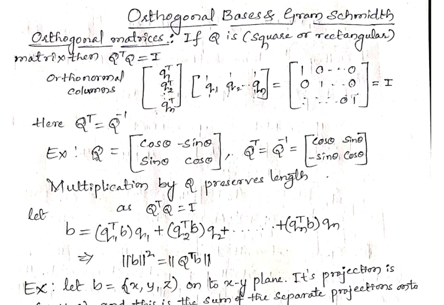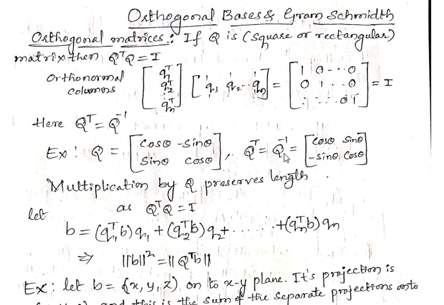For example, let Q be the matrix with cos theta as the diagonal elements and minus sin theta and sin theta as the off-diagonal elements.